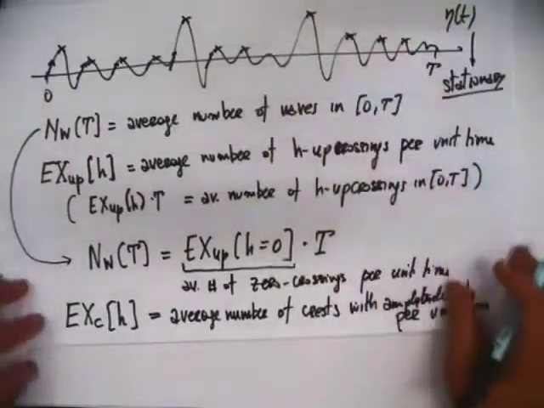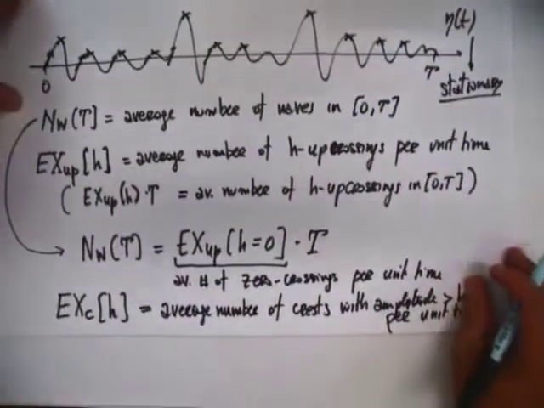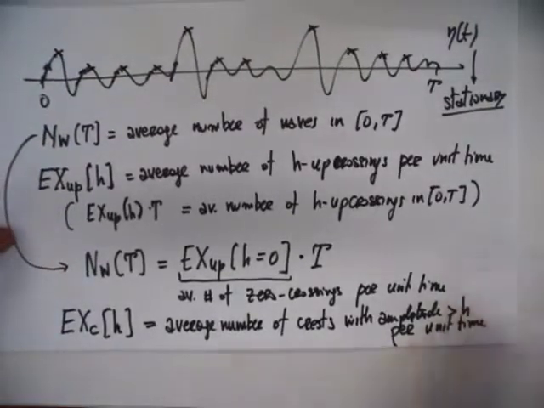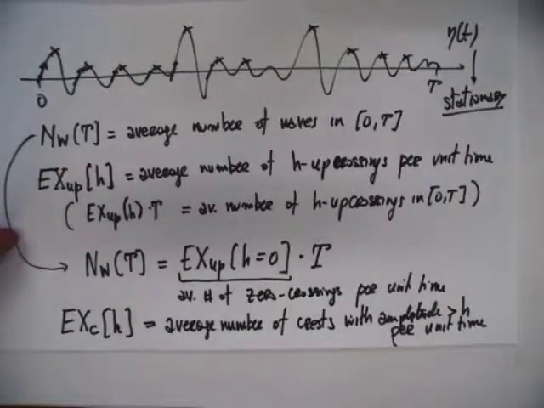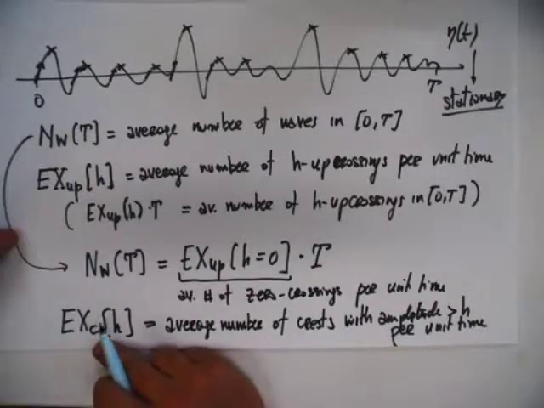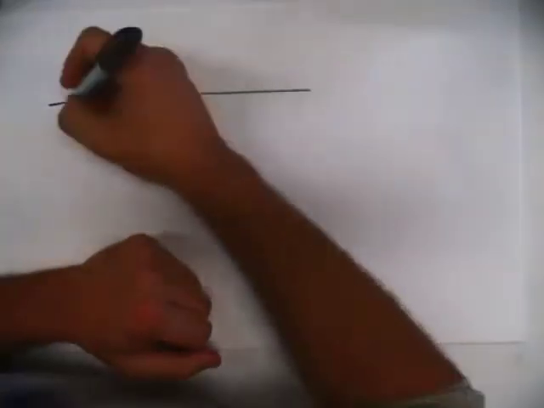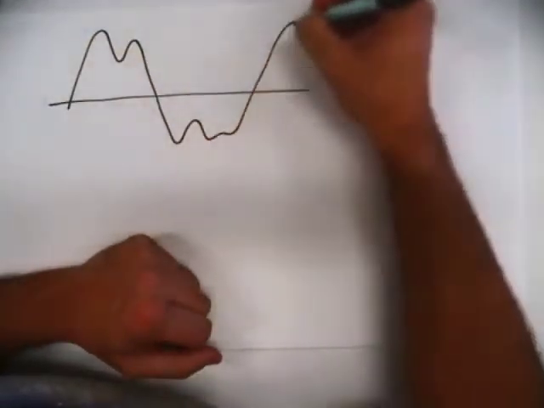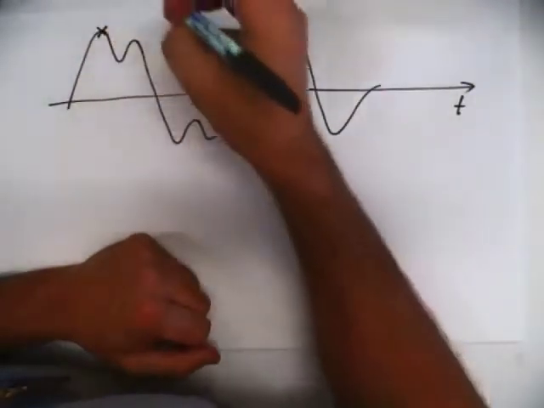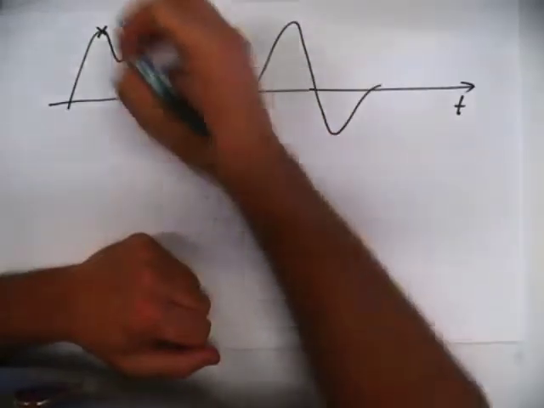Let's remember that this crest is the absolute maximum of a wave. So this is not an easy quantity to compute. Instead, what we can compute is the, again, let me give you an example. So this is basically the crest and the trough.